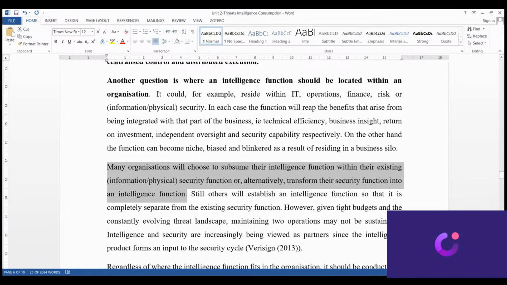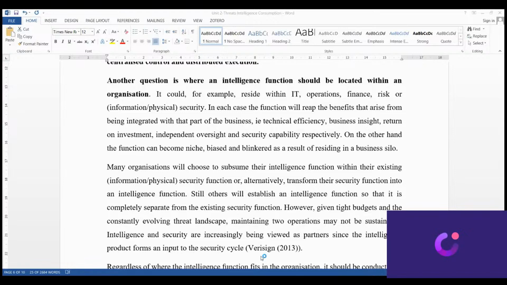This is the common custom now, where many organizations have just decided to transform the security department into one that can take into consideration these functionalities we are actually discussing.